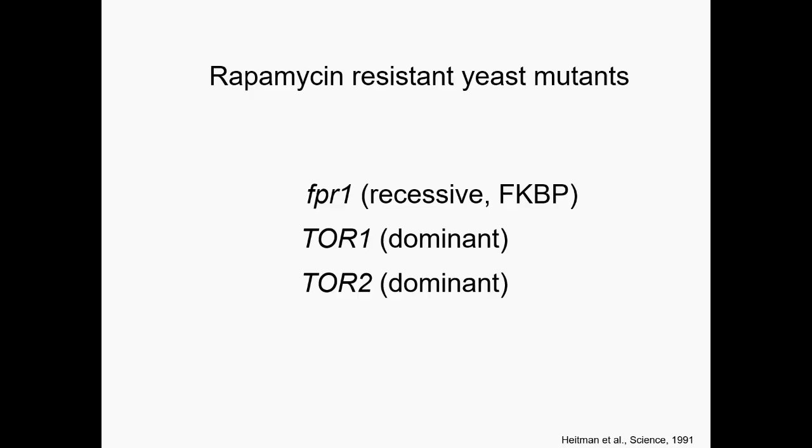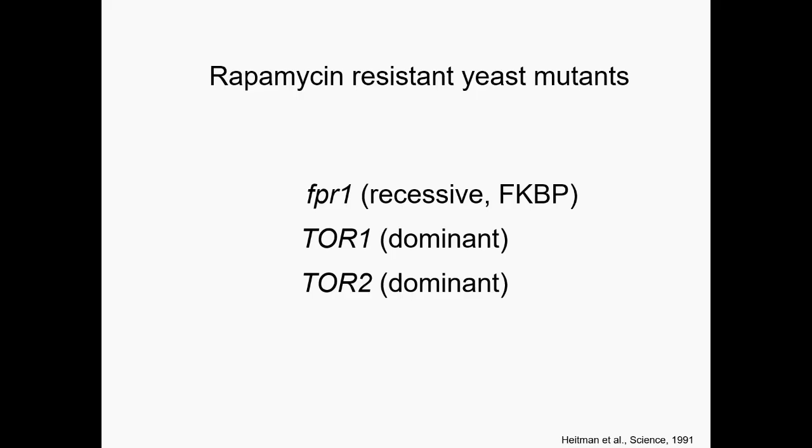Most mutations fell in this gene FPR1, which encoded a protein called FKBP, which I'll come to later. Rarely, we also had mutations in 2 novel genes, which we then called TOR1 and TOR2.